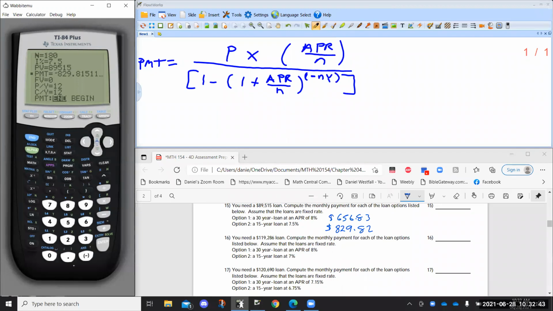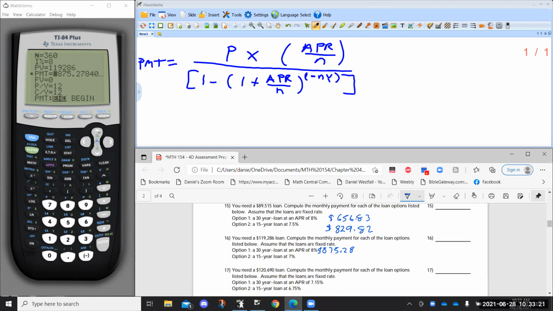We have a 30-year loan, and the value of the loan is $119,286. Calculate that payment. $875.28.